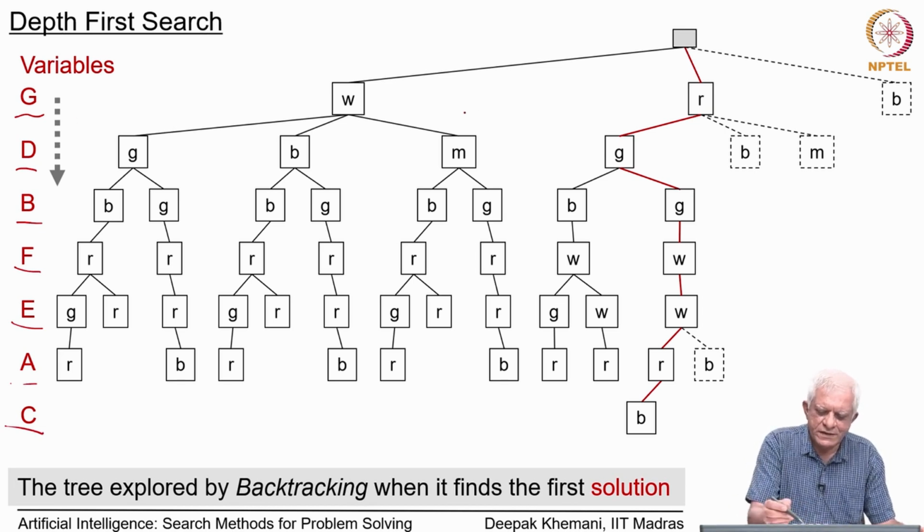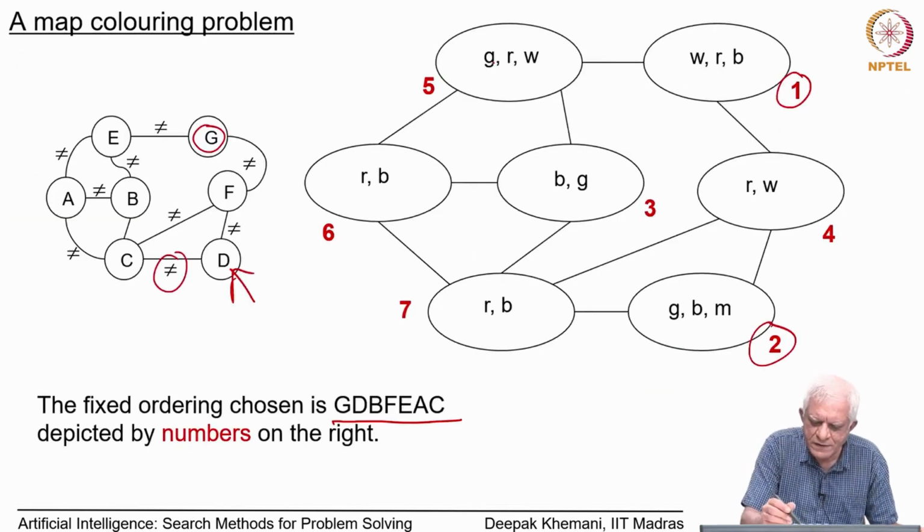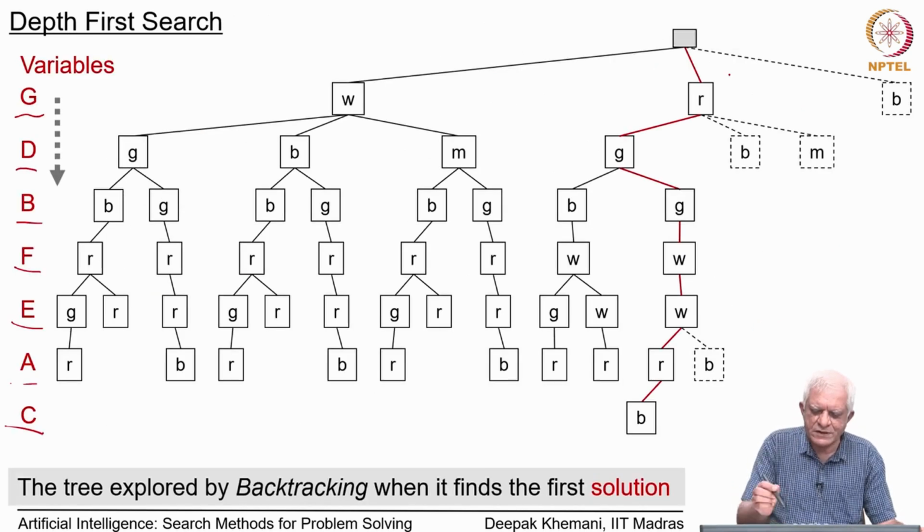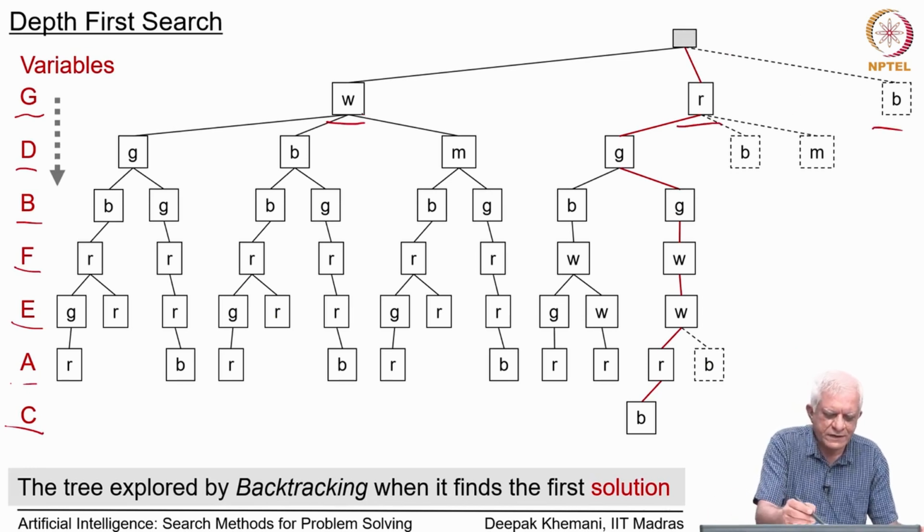So, for G the values were W, R and B. So, you can go back and have a look at that. The algorithm tries them in this order, W, R and B. Then after that it goes to D, it tries a value for that, then so on.